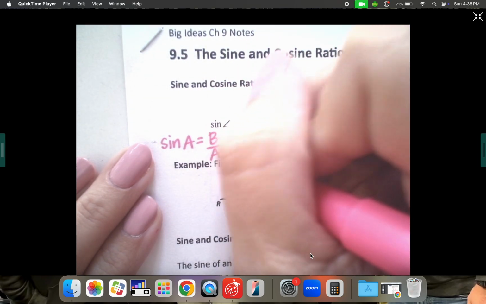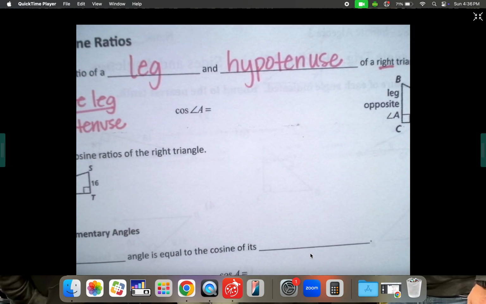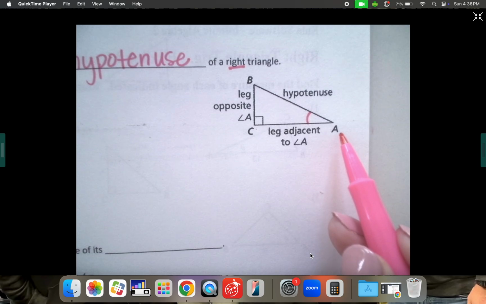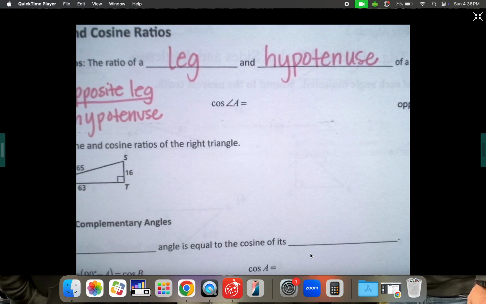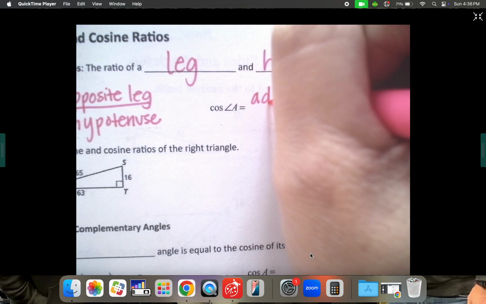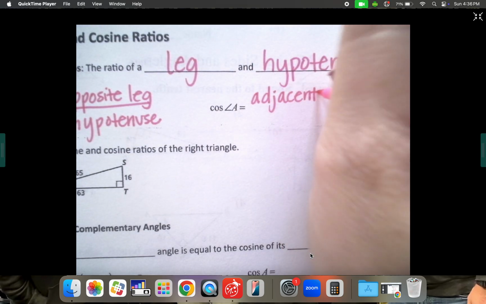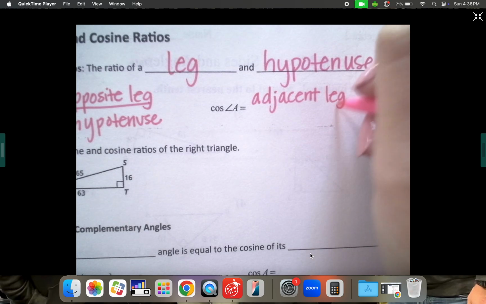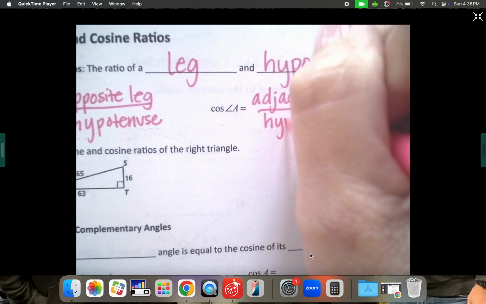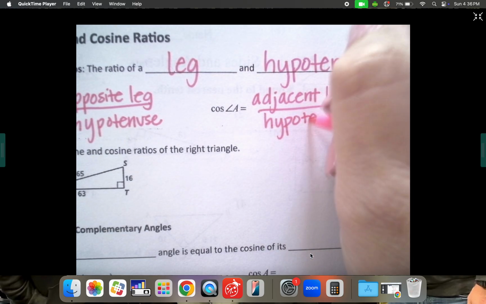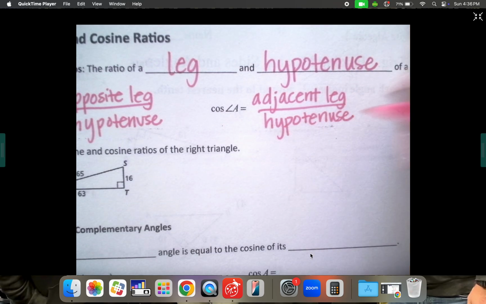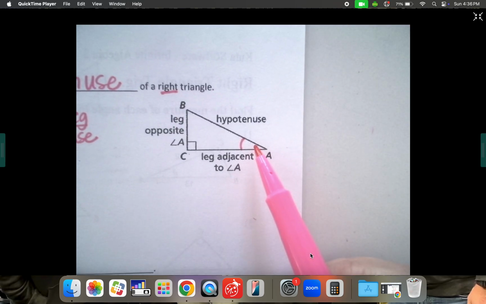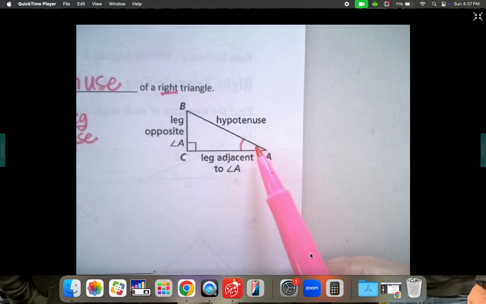over AB. Okay, for cosine, the cosine of anything, or specifically in this case of A, is going to be the adjacent leg. So let's make sure we know which one's adjacent. The adjacent leg over the hypotenuse also. So hypotenuse is what we're dividing by in sine and cosine both. So from A, we're talking about the adjacent leg. So not the hypotenuse, but remember, adjacent means right next to it.